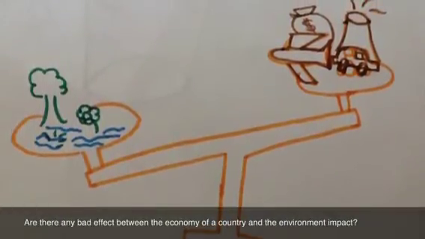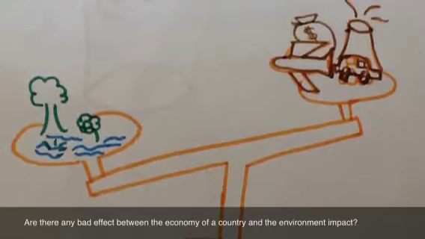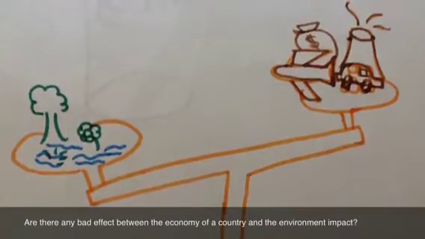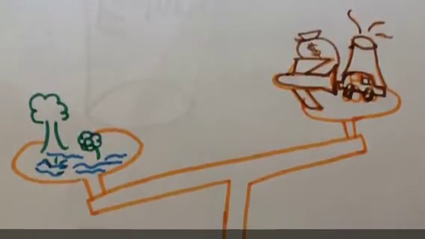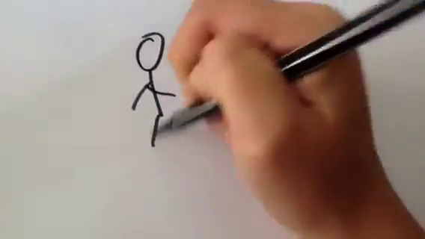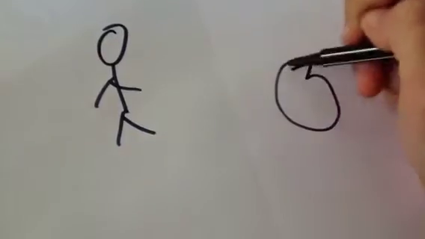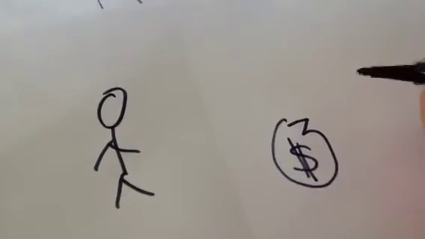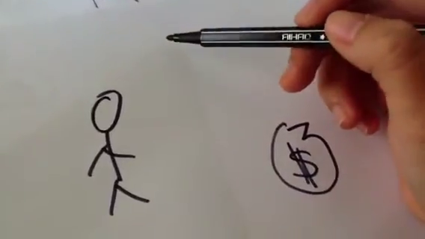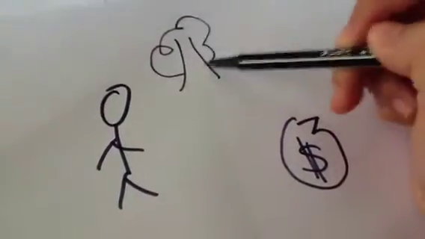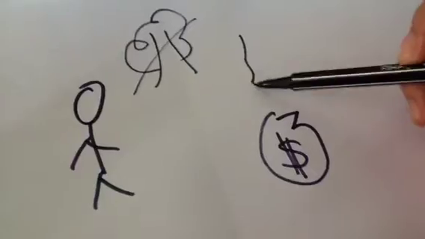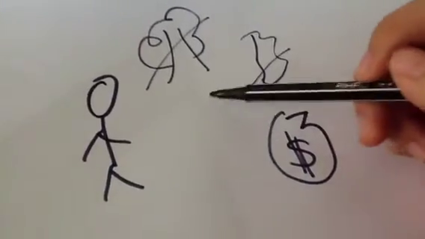Question: are there any bad effects between the economy of a country and the environmental impact? We all know that humans make the economy, right? But now, humans are polluting, like cutting trees and creating air pollution and also water pollution.